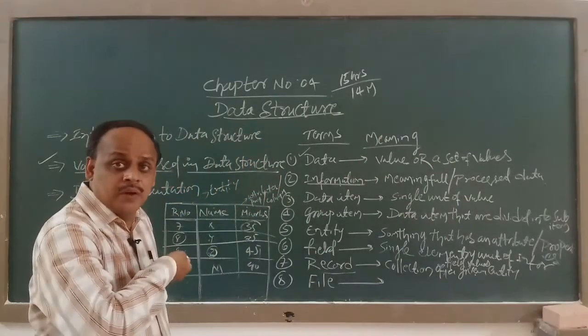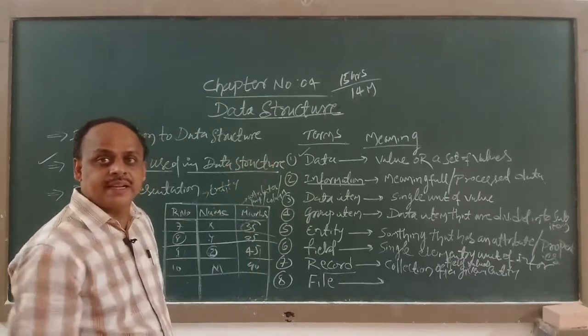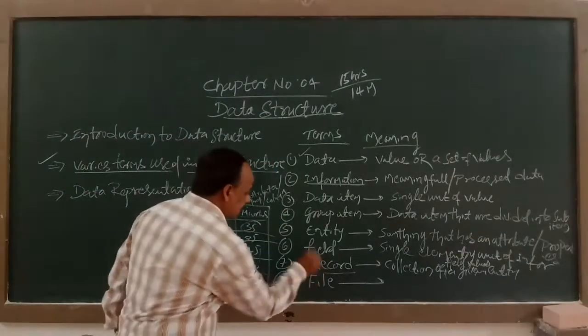What does it mean? A row of a table is called a record.